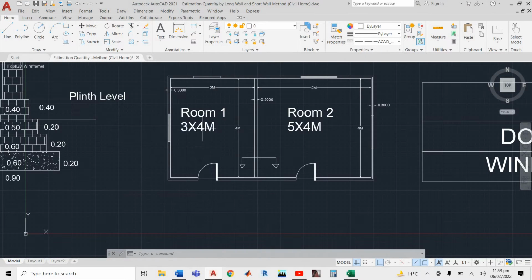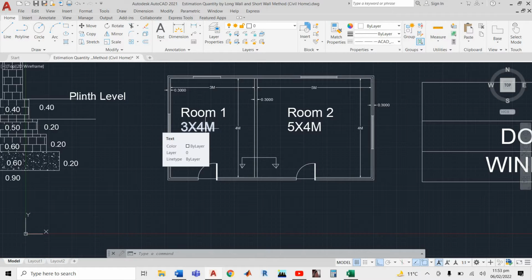I also prepared the house plan, the same house plan that I worked on in the long wall and short wall method, because if I work on the same plan, you can easily realize what is commonly different between the center line and the long wall and short wall methods.